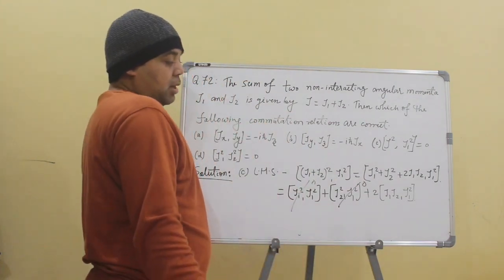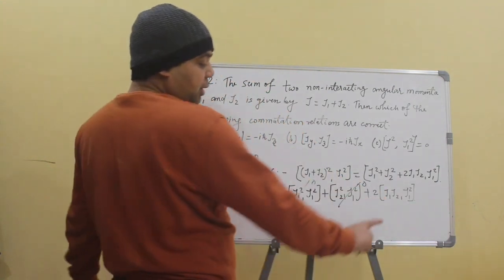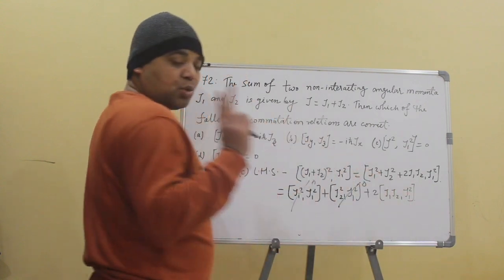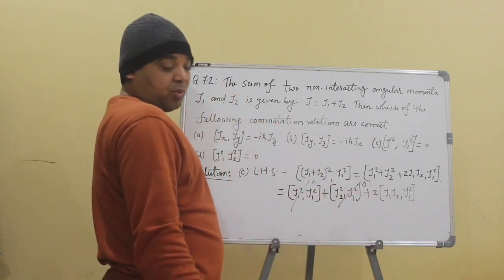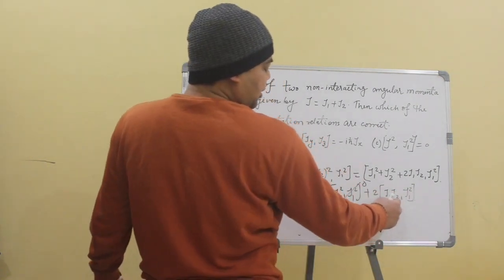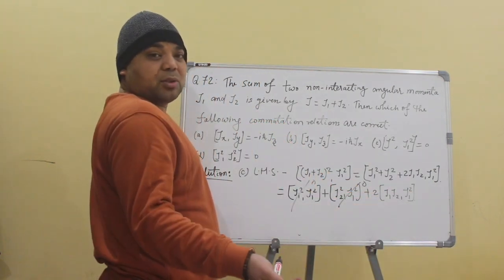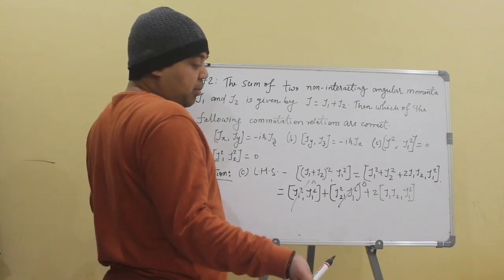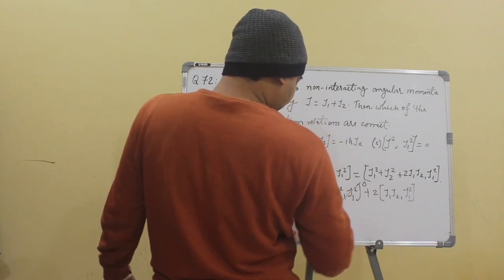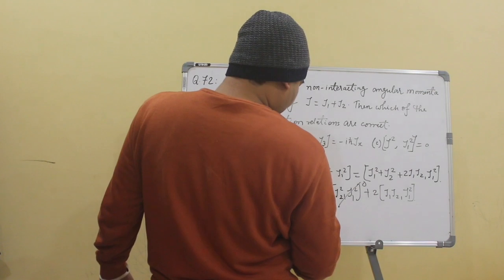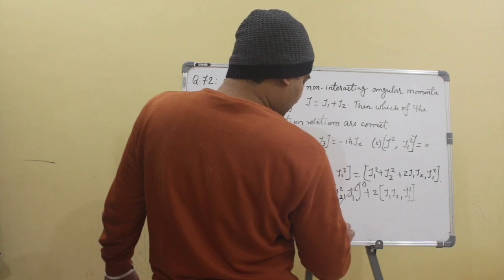Now just go to this one. If you see carefully, there are two possibilities. One time J1 comes out, and you have a commutator between J2 and J1². Another time J2 goes out, and you are left with J1 and J1². But J1 and J1² are the same variable, so it is 0. So you are left with only the other one, which is 2 times J1 [J2, J1²].